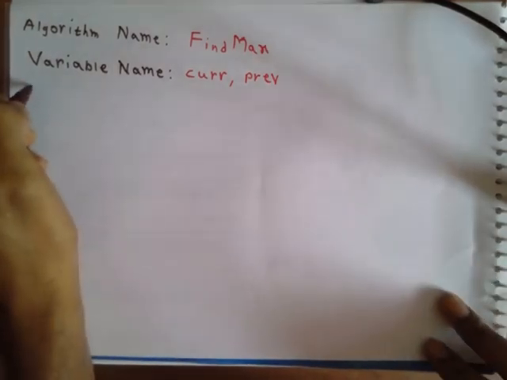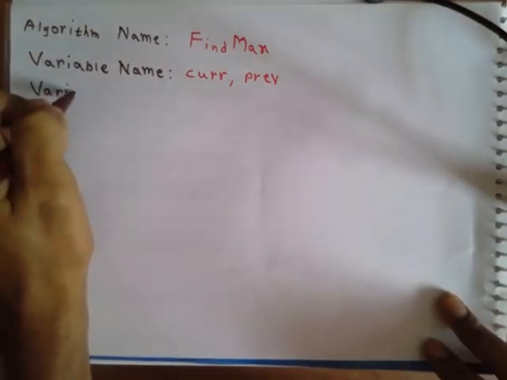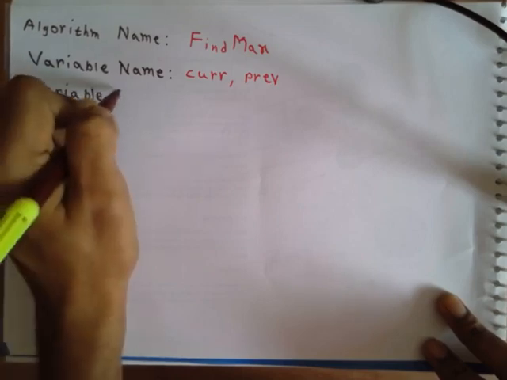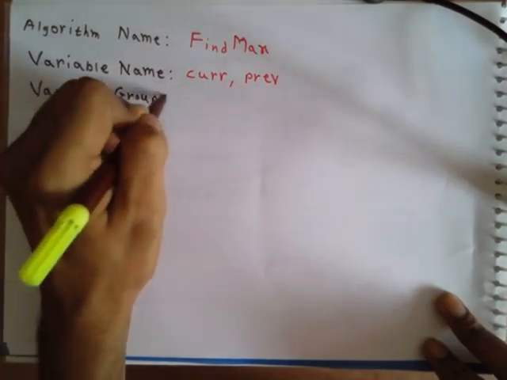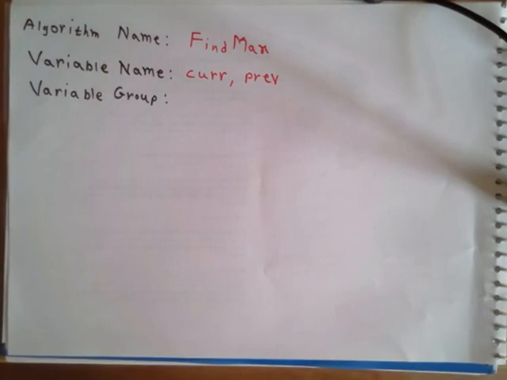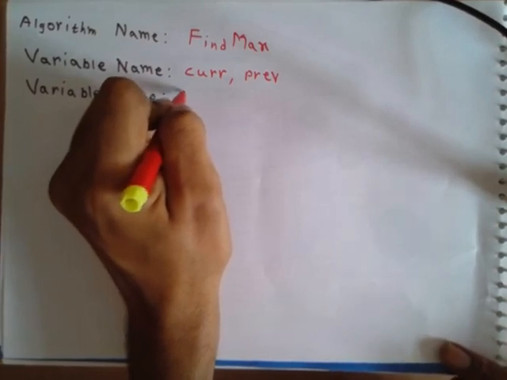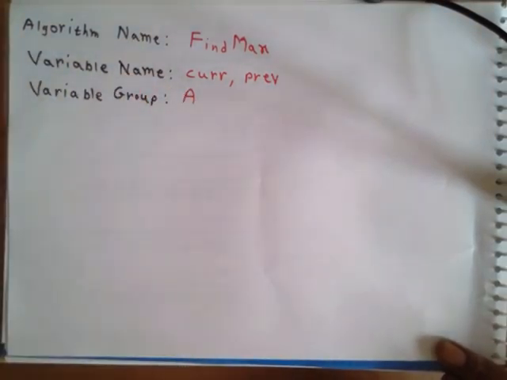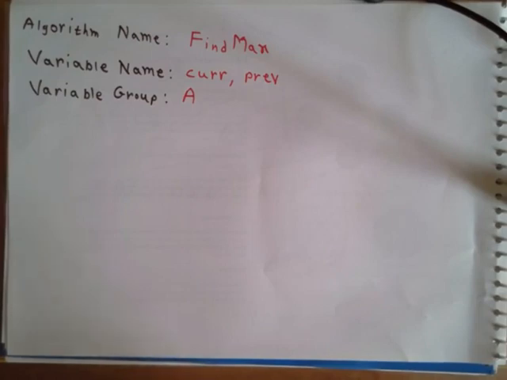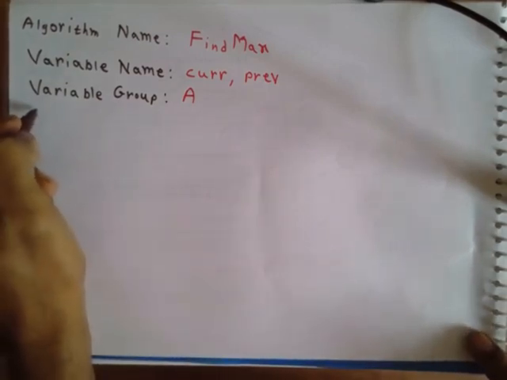Whenever I am going to have variables grouped together, I'm going to use capital letters. So if I talk about a particular group called A, it would be in capitals. And then I have to access a particular group element.